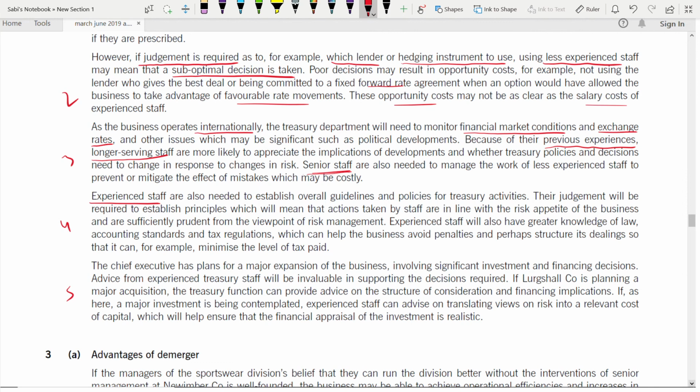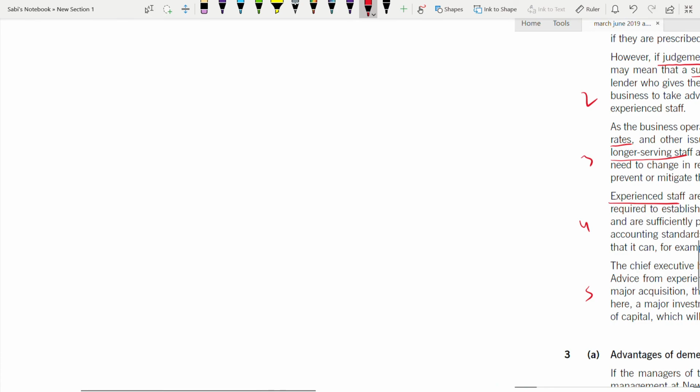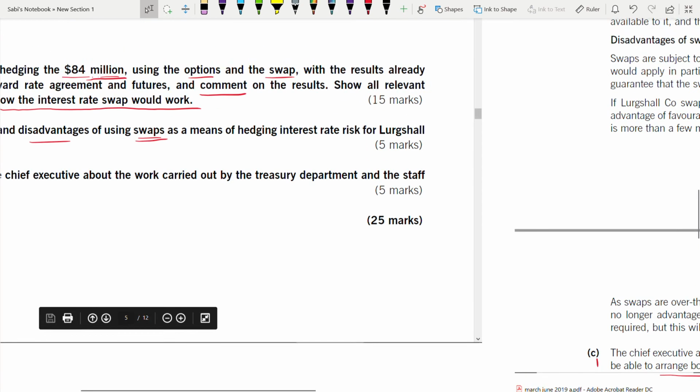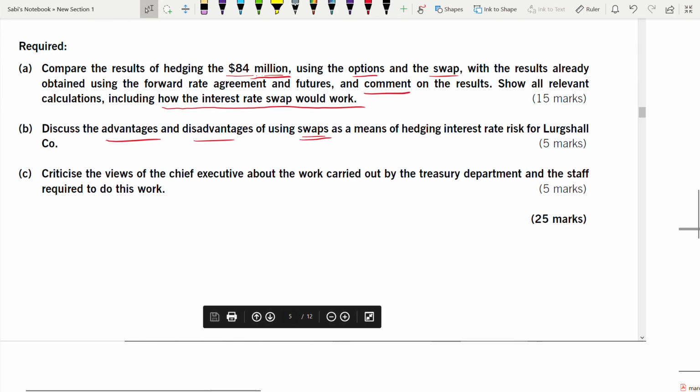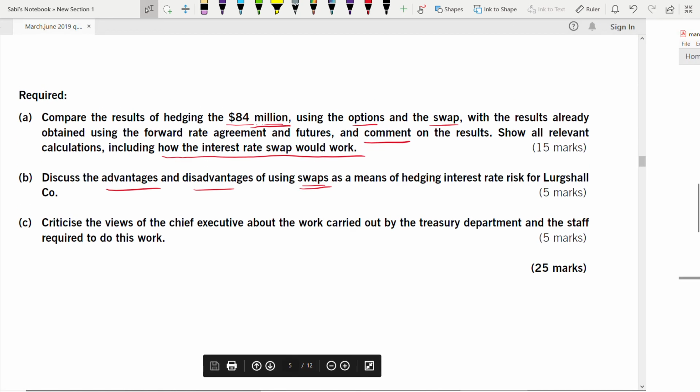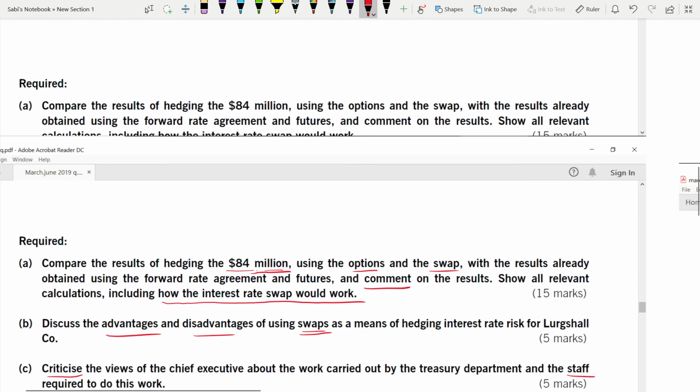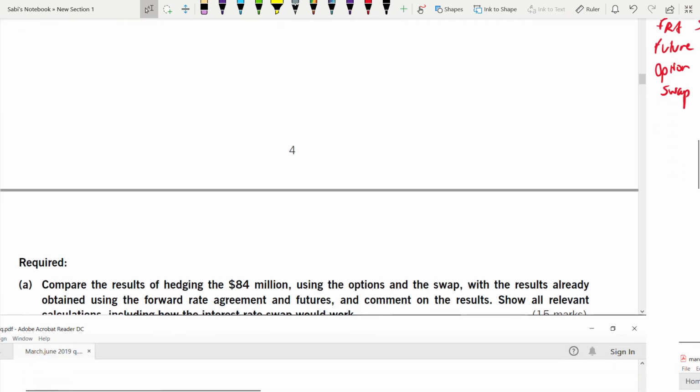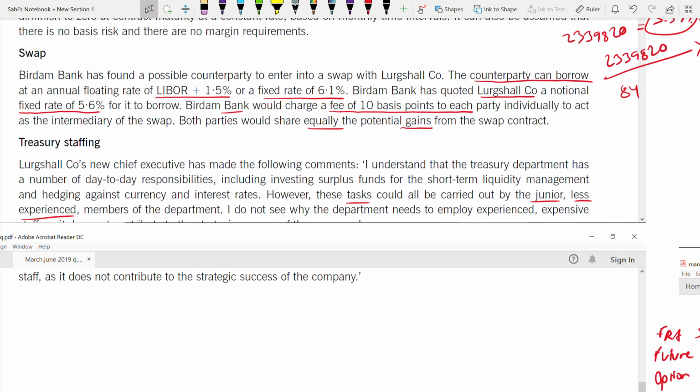You have to collect marks, 5 marks you have to get. And also if you see the requirement, okay. Criticize the views of the chief executive. You have to criticize the chief executive's view of the work carried out by the treasurer and the staff required to do the work. Who are the staff required to do the work? What was his comment? CEO's comment.